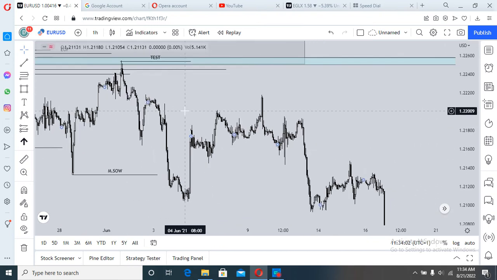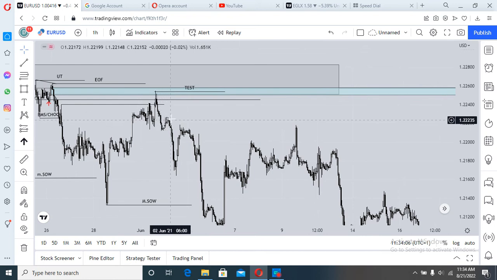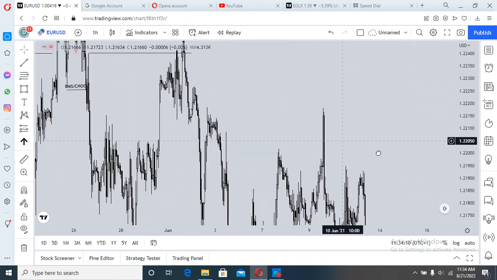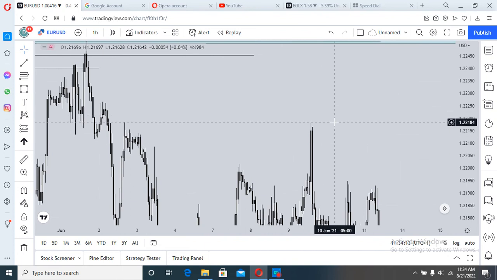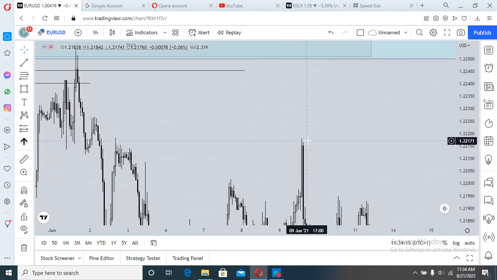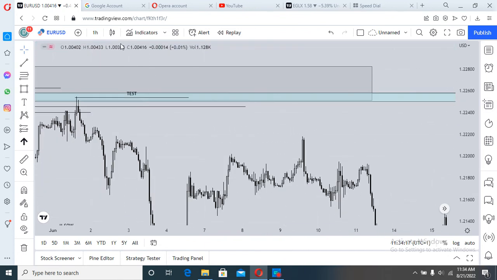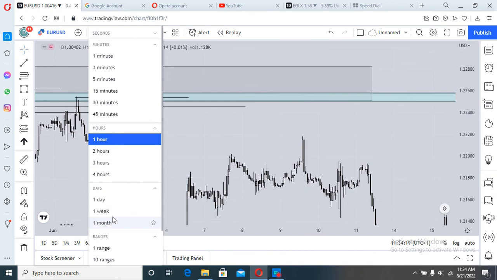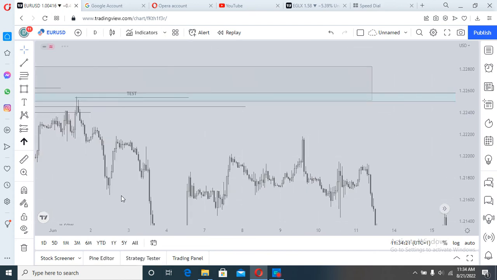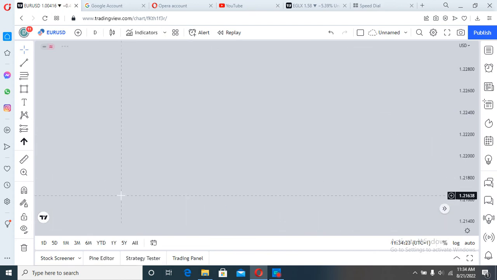So we see the price, you can see that we test, tap in, and what? Sold off. Okay, you see that? So yeah, we have equals here. So let's go back to a higher time frame. Daily chart. All right, this is Euro USD.